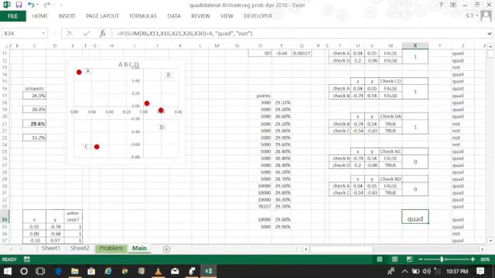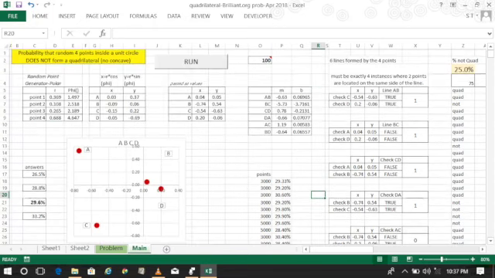And I know it's a quadrilateral if the sum of these six checks equals 4. If it equals 4, it's a quadrilateral. If it does not, then it's not a quadrilateral. So the macro goes in there and tabulates. It keeps testing these sets of four points, and tabulates it right here in column Z to see if it's a quadrilateral or not.